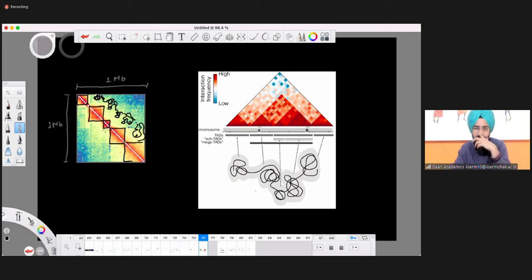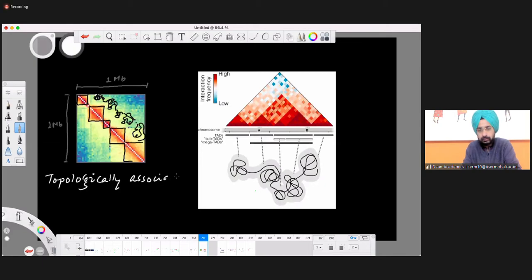So we call these complexes that we have of spatially proximal regions topologically associated domains, or TADs.